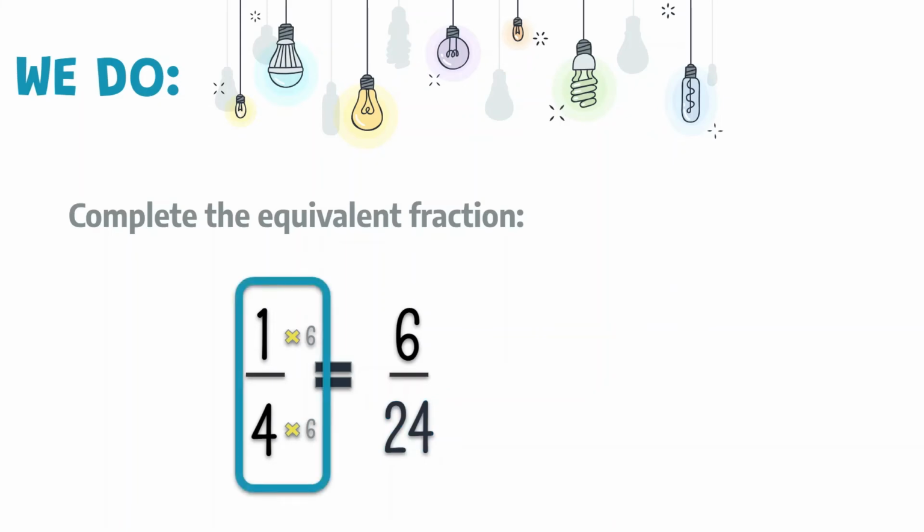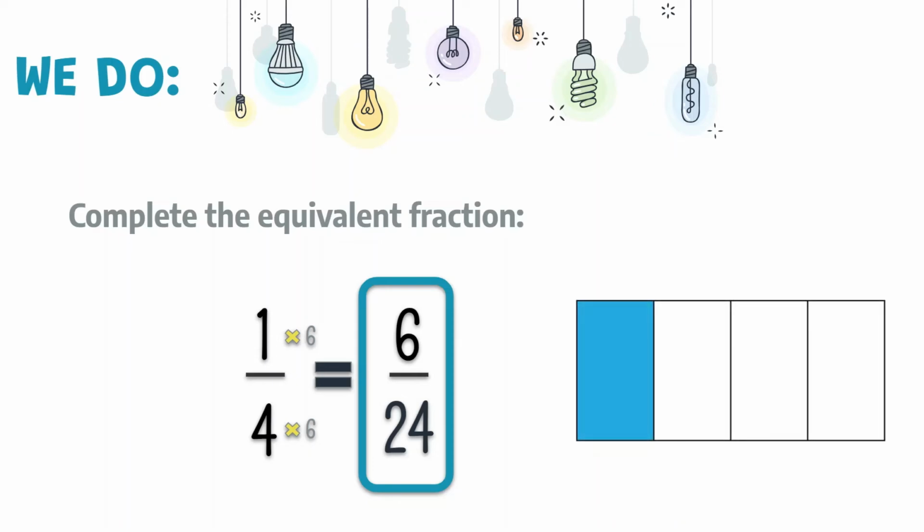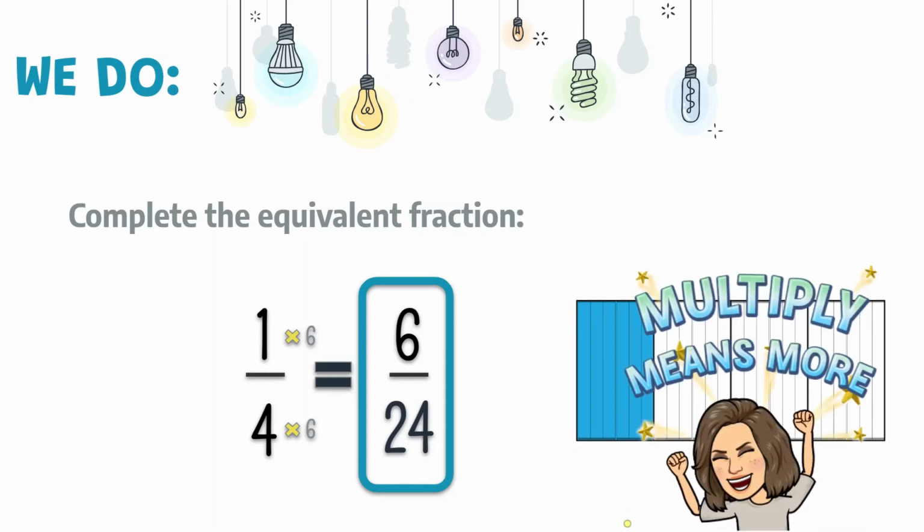When you multiply both the top and the bottom by 6, the equivalent fraction is now 6/24. Let's see a little model of that. I started with 1/4, but when multiplying, I'm partitioning my model into more pieces. Multiply means more.